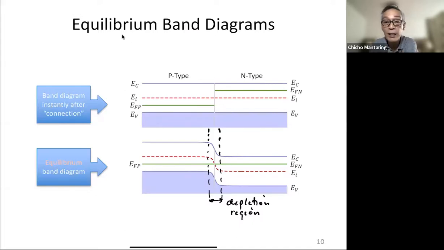A solid at thermal equilibrium can only have one Fermi energy level. Are there any questions? So this is how your energy band diagram will look when you have a PN junction. Are there any questions?